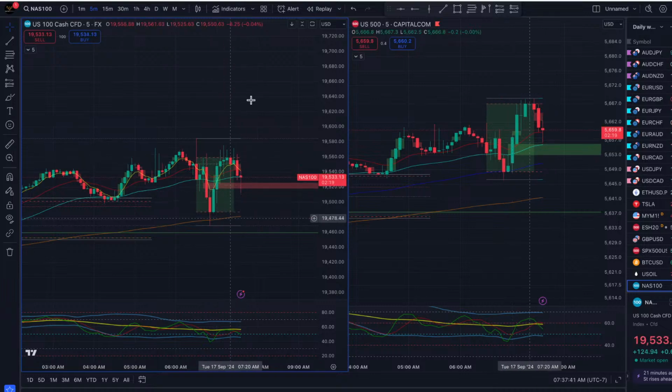Now let's see if it wants to push down or push up from here. Getting some good movement from there.